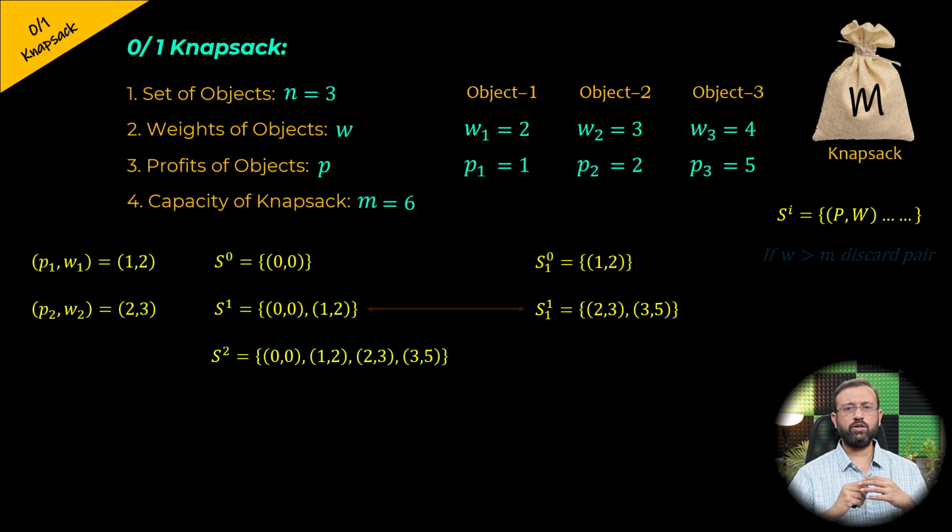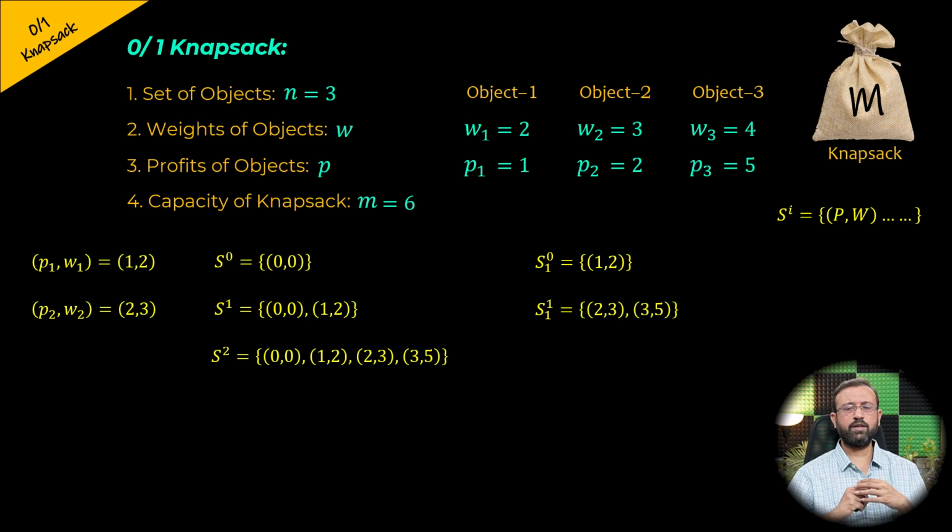Then we also need to compare the profits and weights of every two subsequent pairs and decide which pair to purge or discard. For example, the profit of first pair is 0 and profit of second pair is 1. So profit is increasing as well as the weight of first pair is 0 and weight of second pair is 2. So even the weight is increasing. Therefore the pair 0, 0 is part of the set S2.